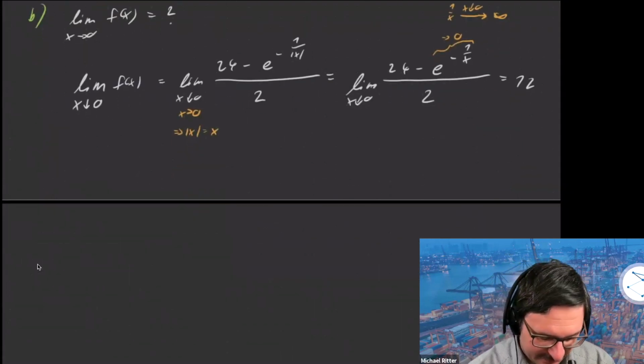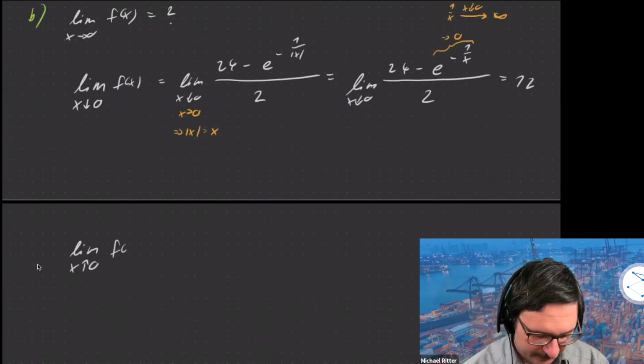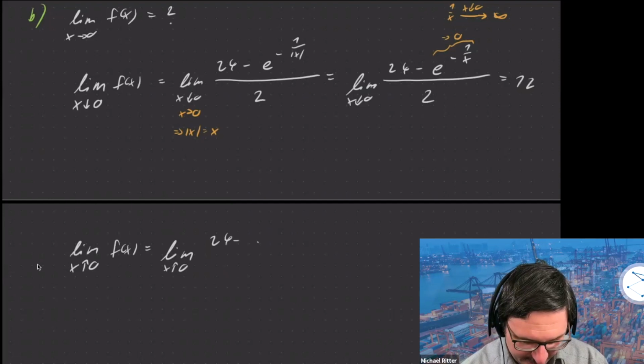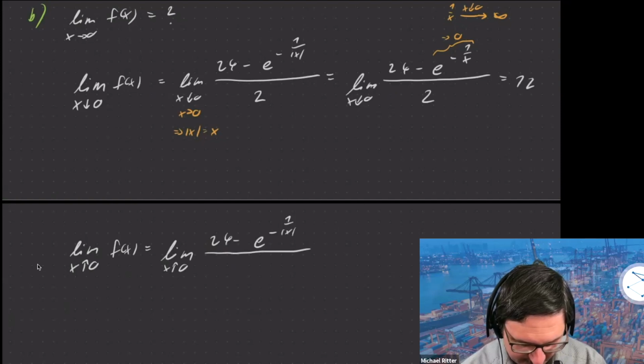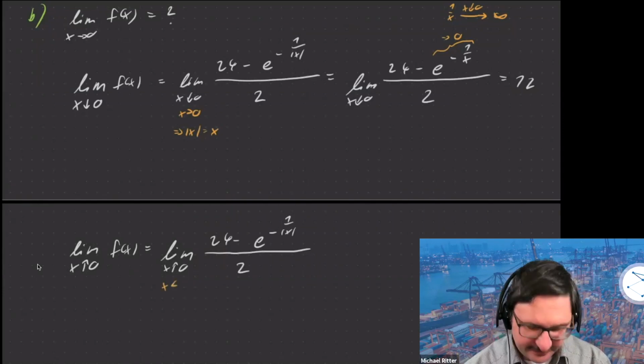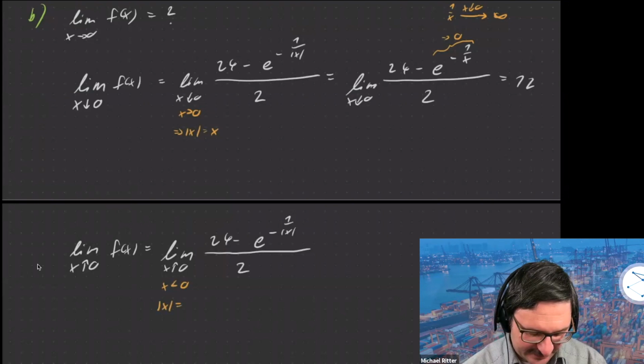And of course we can have the very same argument for the other limit, x tends to 0 from below. Let me copy that again. x tends to 0 from below of 24 minus e to the minus 1 over absolute value of x, over 2. Now in this case, we know that x is negative, and for negative x, the absolute value of x is equal to minus x.